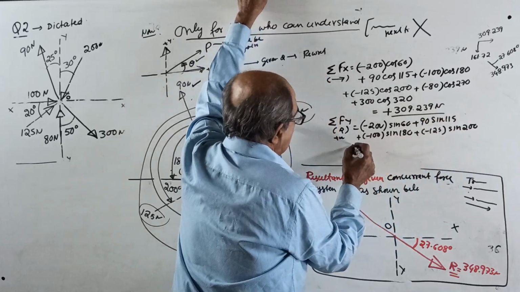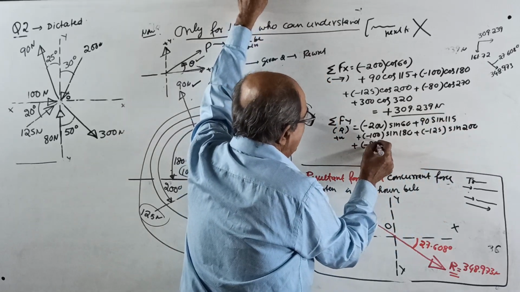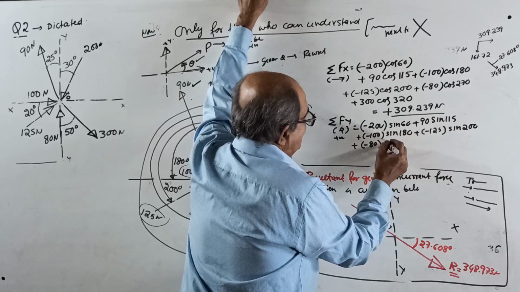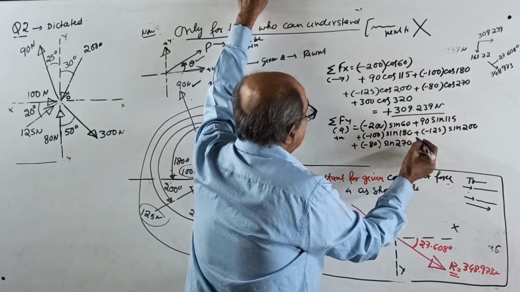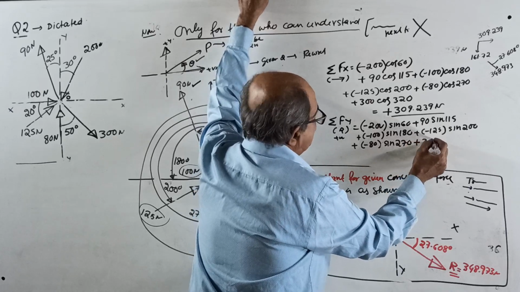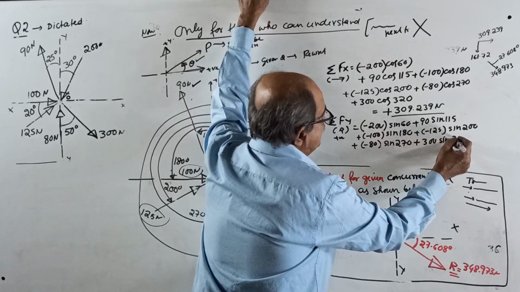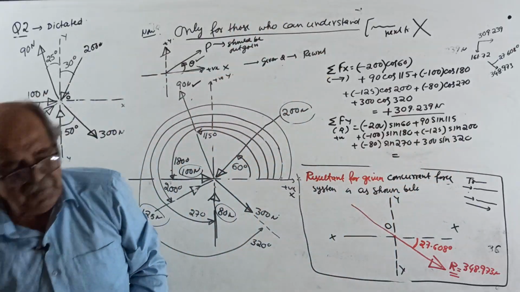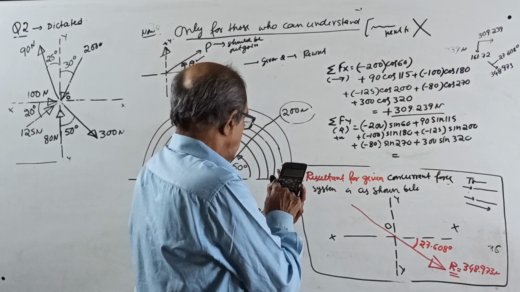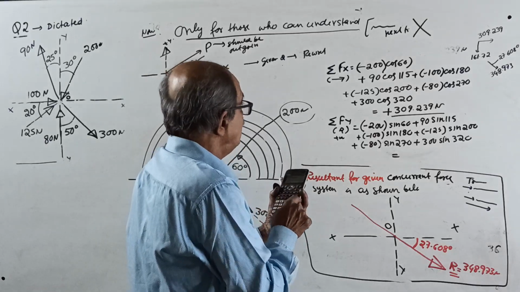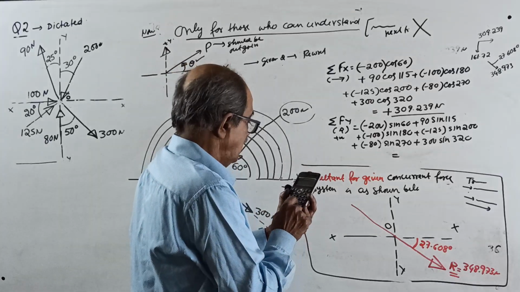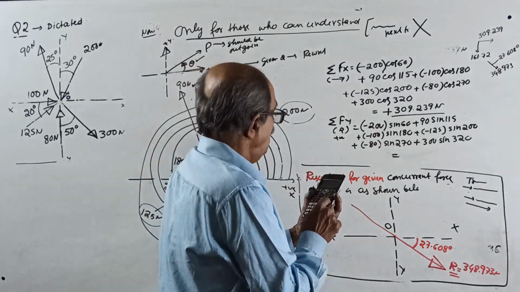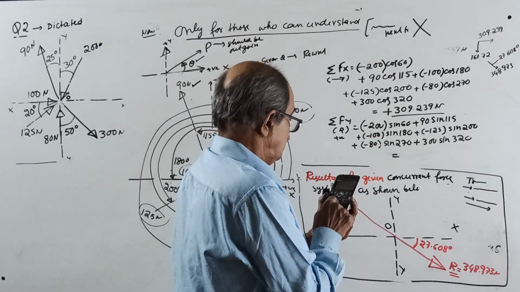Someone will say, sir, we do not want that. Okay, cos by mistake, copying. See, sin 270, I will check this today; last time I did not check. Plus 300 sin 320. I will check this also today, to be on the safer side. Minus 200 into sin 60 equal to plus 90 into sin 115.